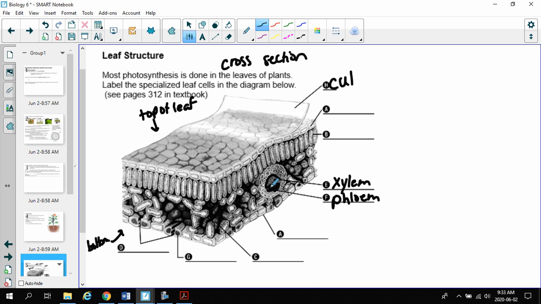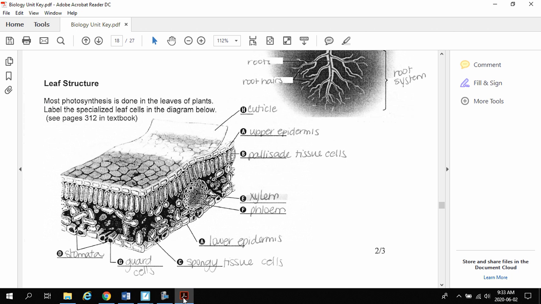So it's closer to the bottom of it. So the xylem's the top part, the phloem's the bottom part. The lower epidermis, so these are similar to that upper epidermal cell. It's pointing at that part.